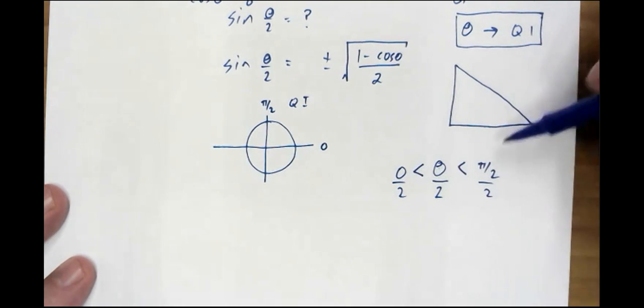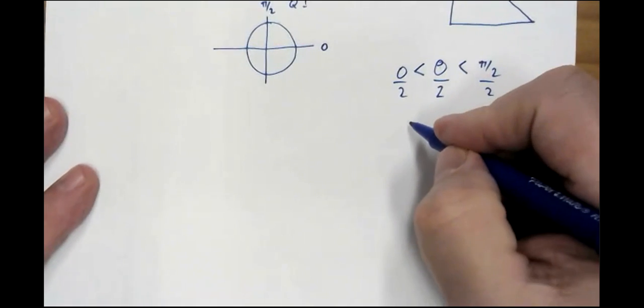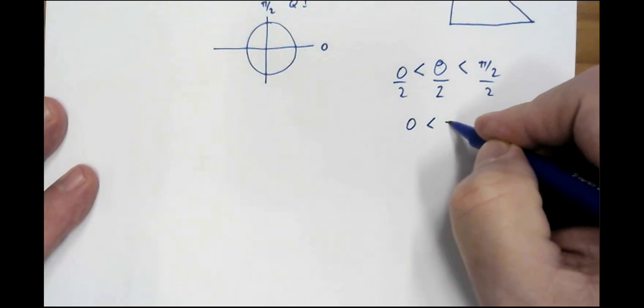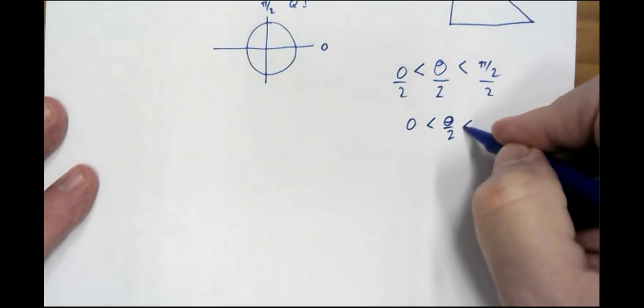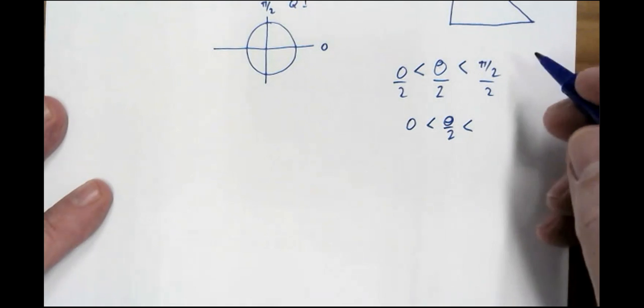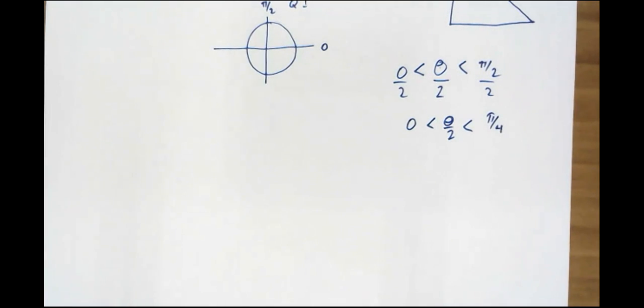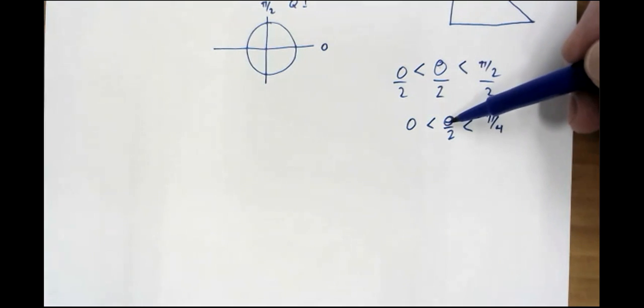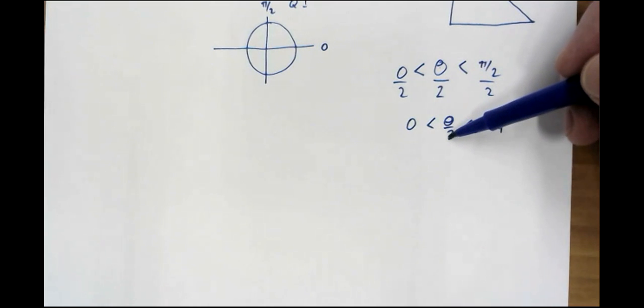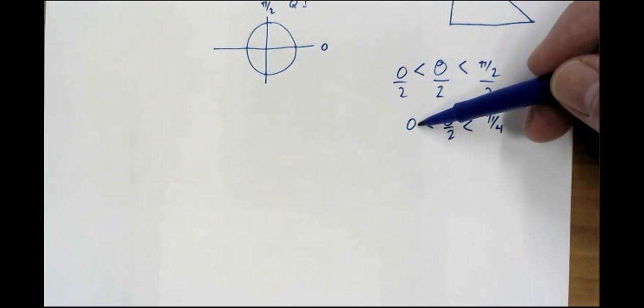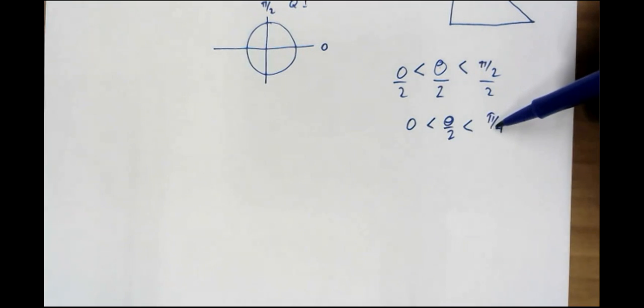So I'm going to divide all three parts by 2. This is a complex fraction. You may need to review how to simplify complex fractions. But when I do this, I end up with an inequality that says theta over 2 is greater than 0 and less than pi over 4.